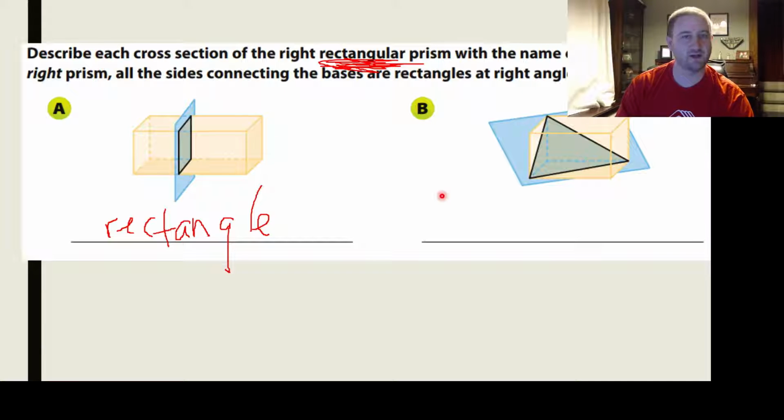What shape is created? Well, you can see here this shape is a triangle. You might not think that you would be able to create a triangle as a cross section with a prism like this, but if you go through these corners, you can. Okay, so this is a triangular cross section. Triangle.